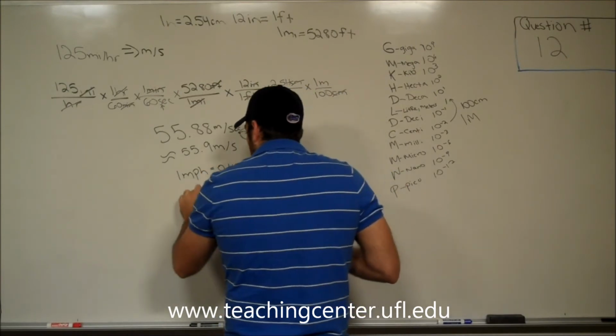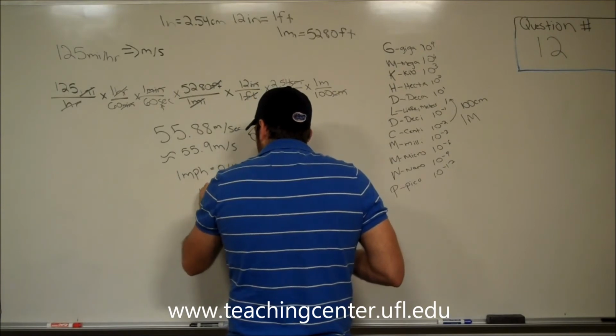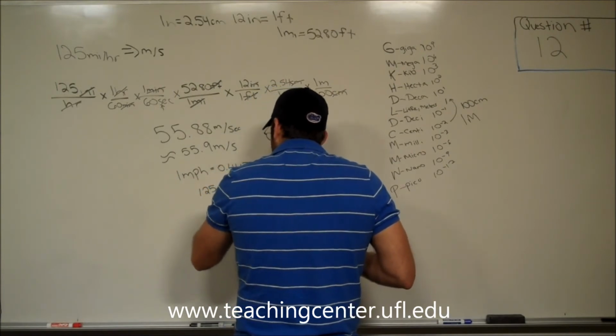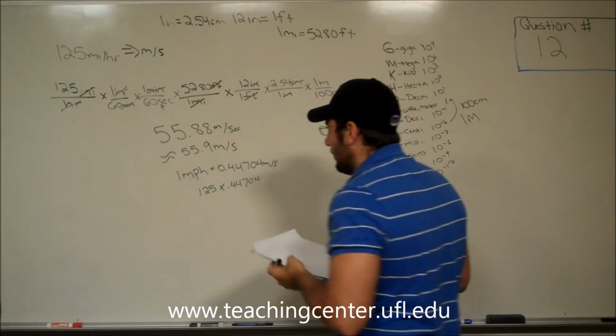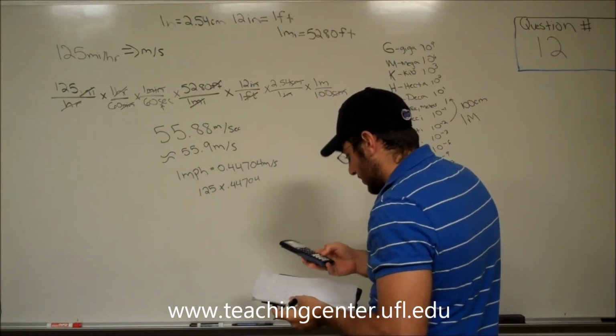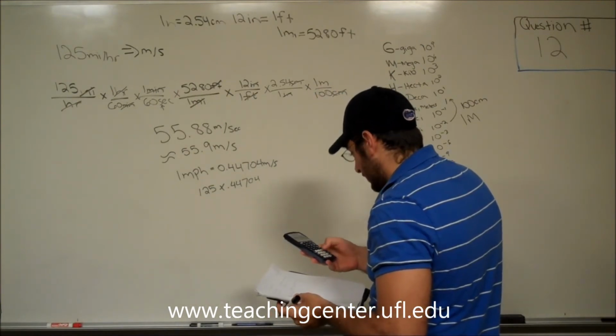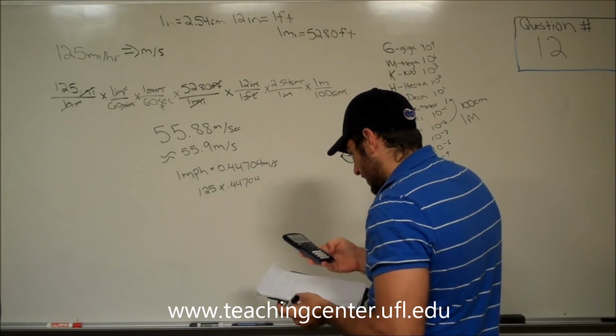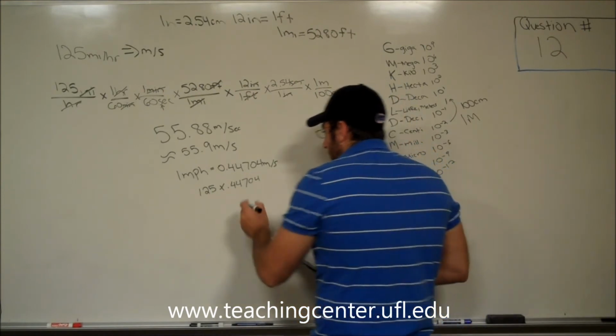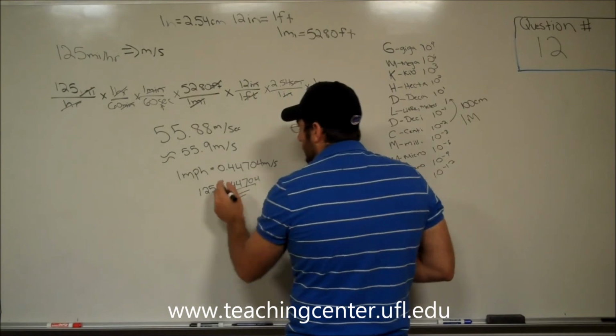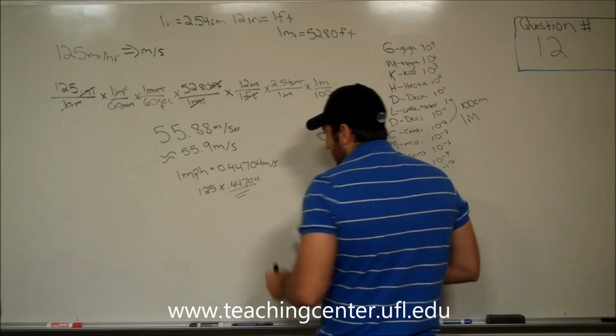So if we would have done 125 times 0.44704, that should give us 55.88. Let's check if that's correct. That is correct. So this would be the constant to change from miles per hour to meters per second.